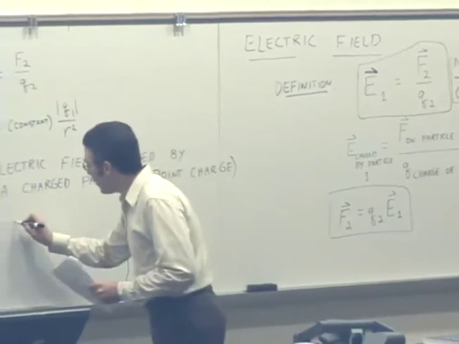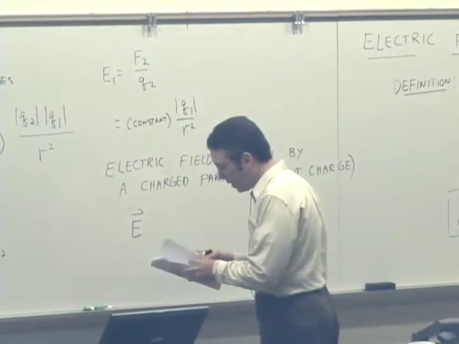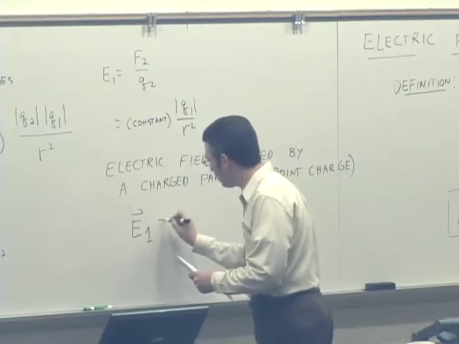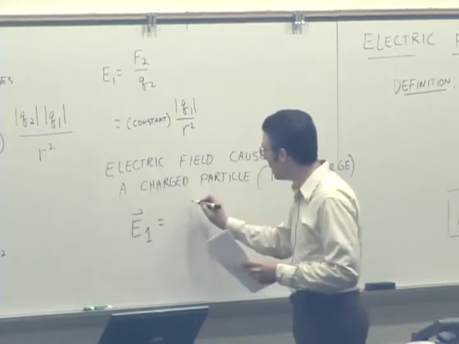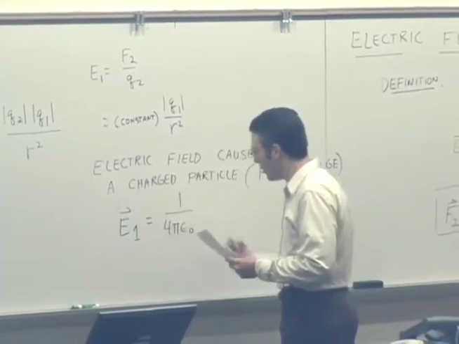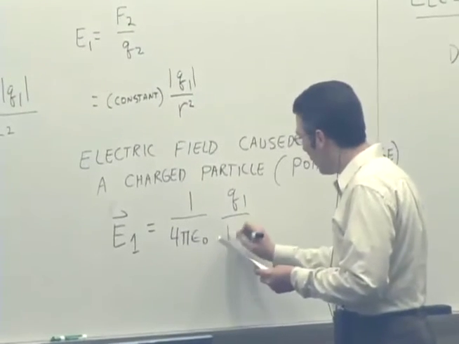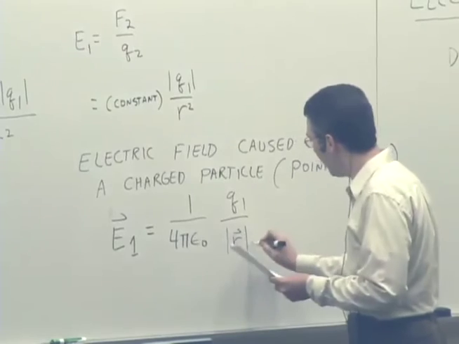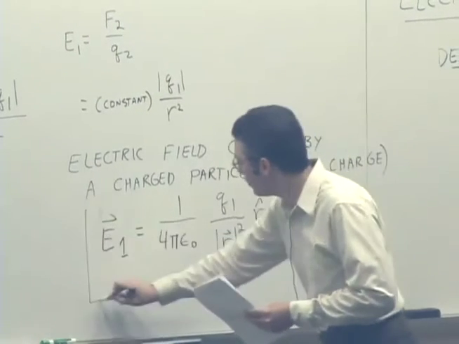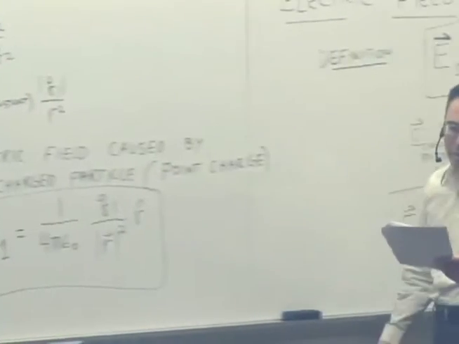And let me just write out the expression, and then we'll kind of pick it apart. This electric field due to a point charge, I'm going to write it this way, as E1 equal to this constant, which I'm going to write this way, 1 over 4 pi epsilon 0 times Q1 over the magnitude of R vector squared times R hat. Okay?